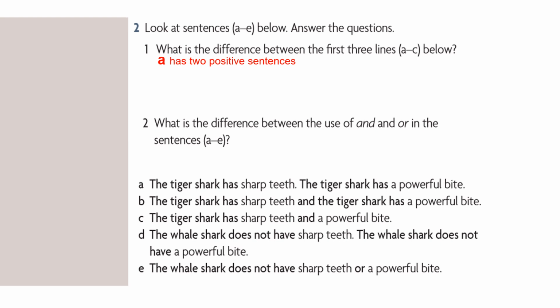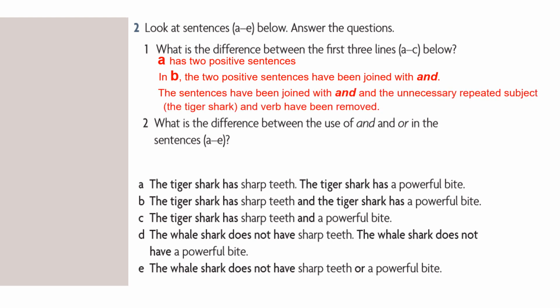Sentence A has two positive sentences. Look, the tiger shark has sharp teeth. This is sentence number 1. The tiger shark has a powerful bite. This is sentence number 2. In B, the two positive sentences have been joined with and. The tiger shark has sharp teeth and the tiger shark has a powerful bite.